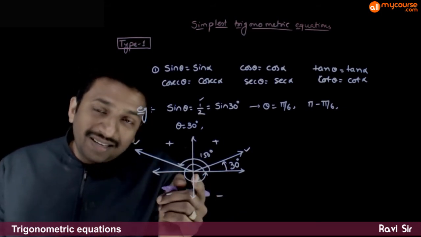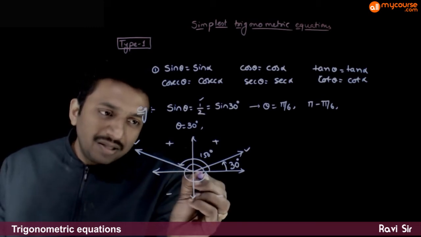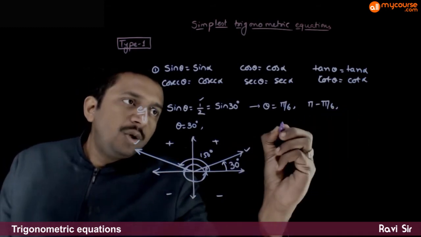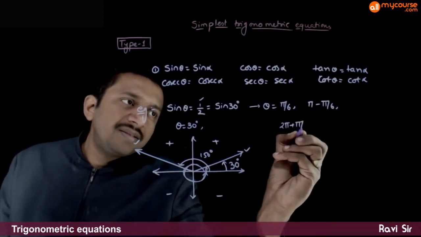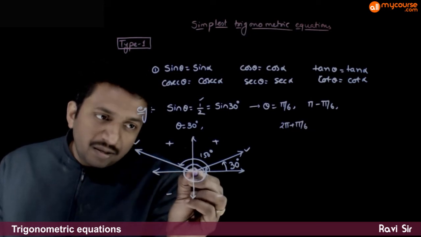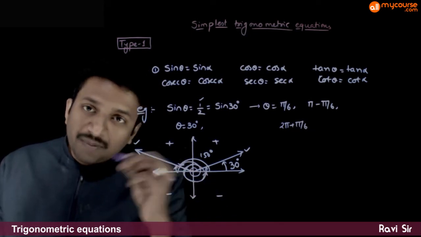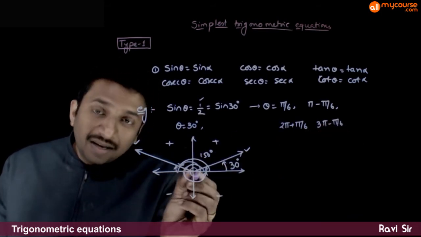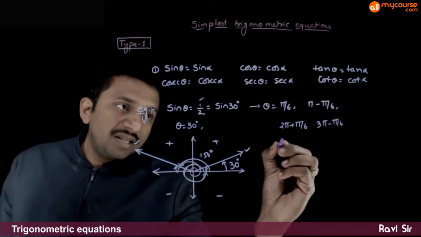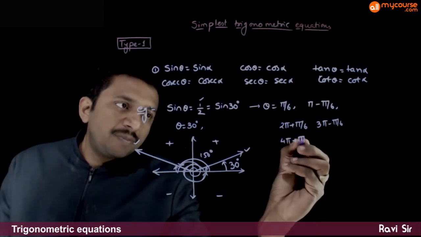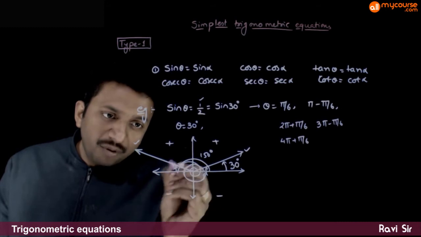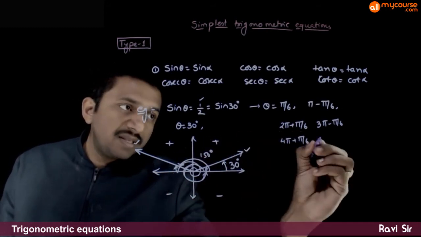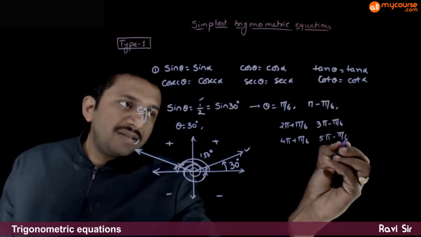If I want to write the solution in the next rotation, this is 2 pi plus pi by 6, right? 2 pi plus pi by 6, and 3 pi minus pi by 6. Then 2 rotations plus pi by 6, that is 4 pi plus pi by 6, and 2.5 rotations minus pi by 6, that is 5 pi minus pi by 6.